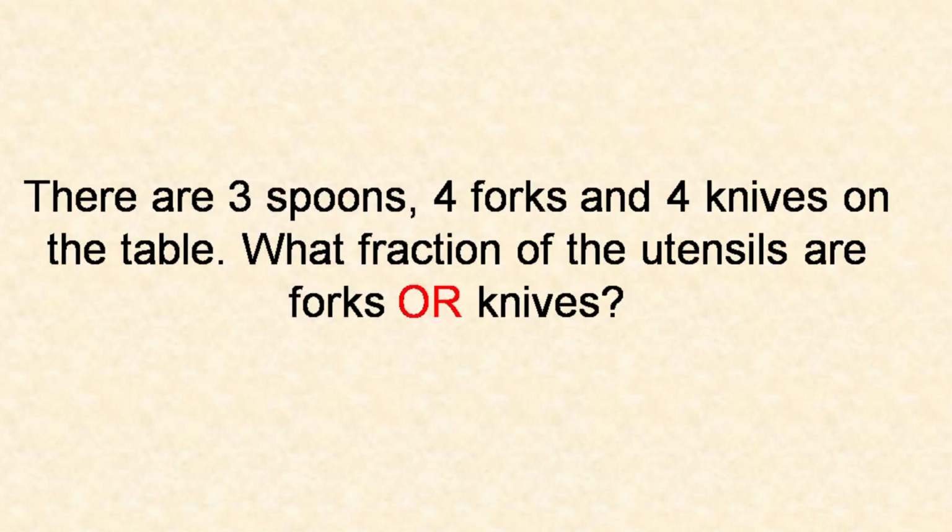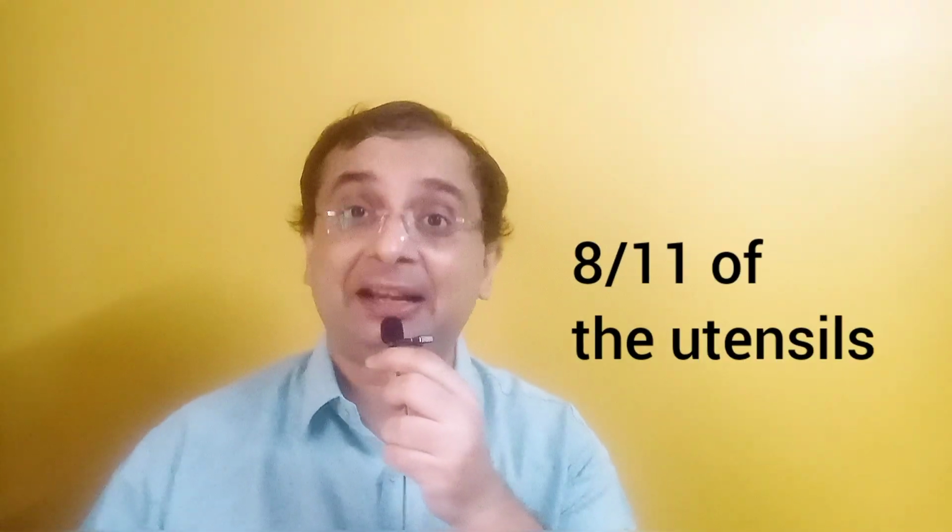Point number two, coming up right on your screen, I have given an example. There are 3 spoons, 4 forks and 4 knives on the table. What fraction of the utensils are forks or knives? When I say forks or knives, we add up 4 plus 4, which is 8, out of 11 in total, so the fraction is 8 upon 11. But if I ask what fraction of the utensils are forks and knives, then the answer would be 0.